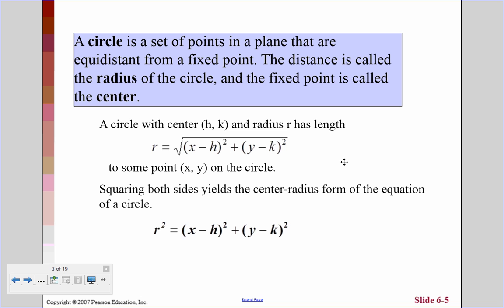But if h and k are offset, if our circle is up one and over somewhere, then we have to offset this to figure out what the radius is. Then we square everything and we get r squared equals (x minus h) squared plus (y minus k) squared. Okay, so that's the equation of the circle we're going to deal with today.